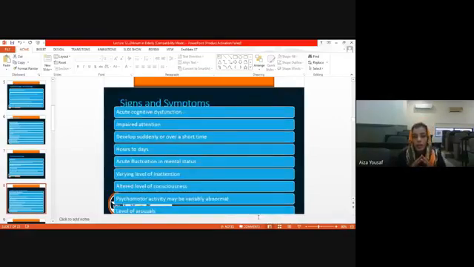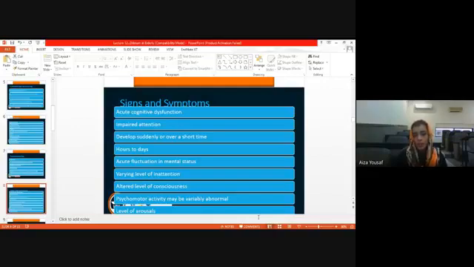Now the signs and symptoms. Clinical features include impaired attention and acute cognitive dysfunction, which may develop suddenly or over a short time. It will not progress along with age or with the passage of time, but develops suddenly or at short notice.